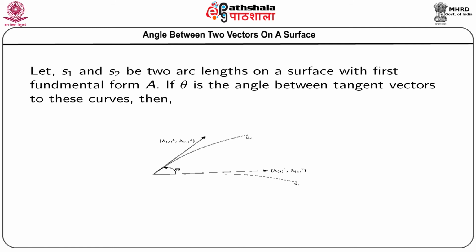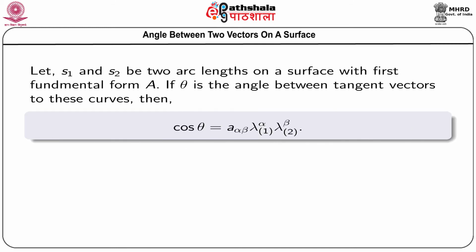Now, if θ is the angle between the tangent vectors to these curves, then cos θ can be defined as a_αβ λ^α_1 λ^β_2.